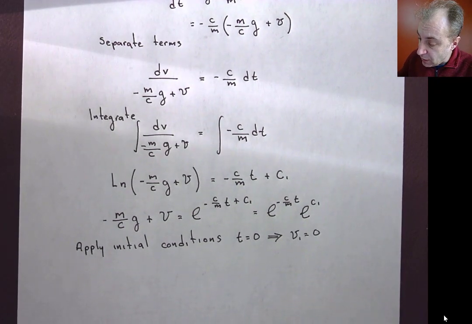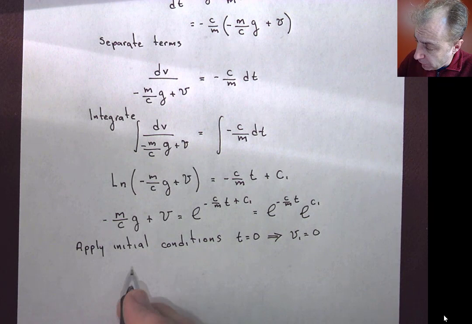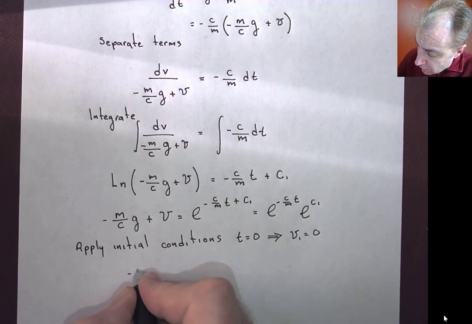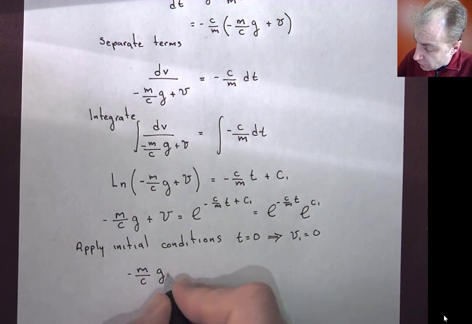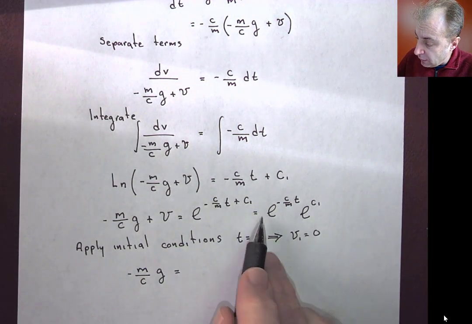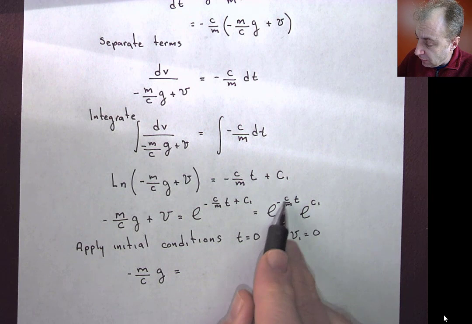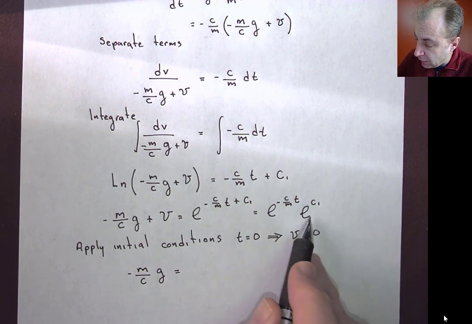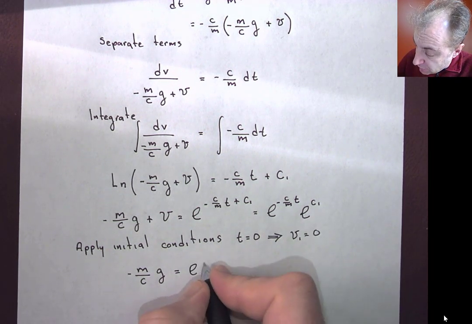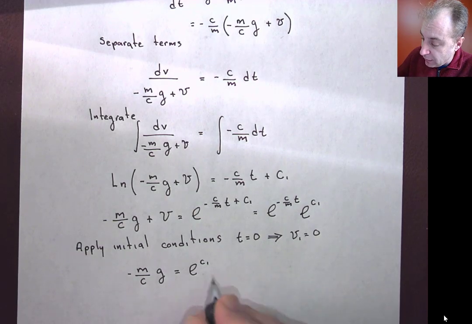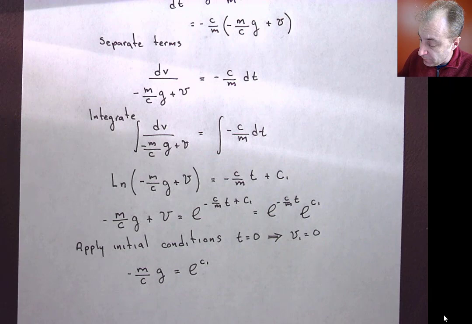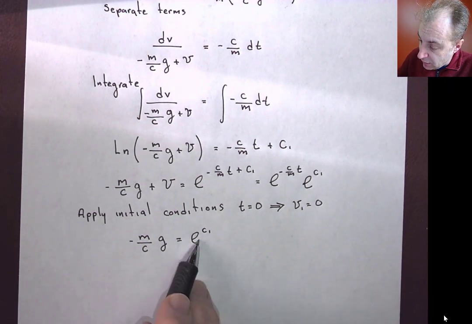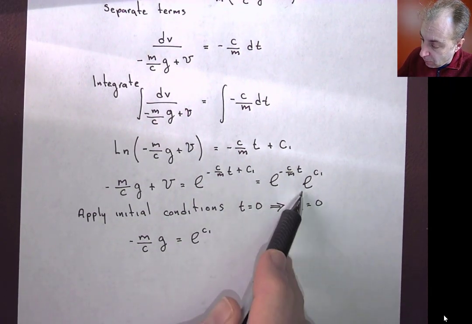So we substitute that, and we get velocity 0. So we have minus m over c times g is going to be equal to e to the 0, which is 1, so we have e to the c1. So now we know that e to the c1 is minus m over c times g. So now we can substitute this into our equation.